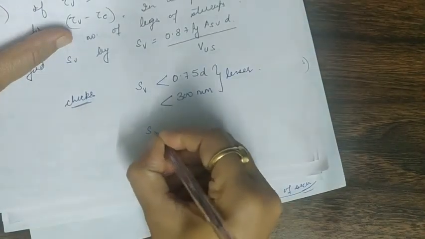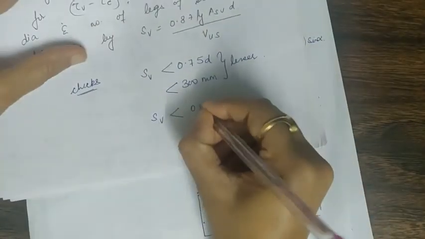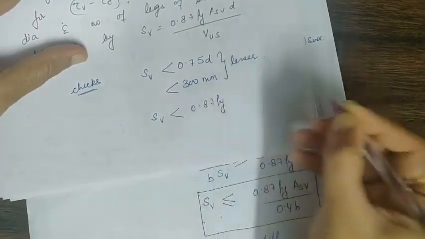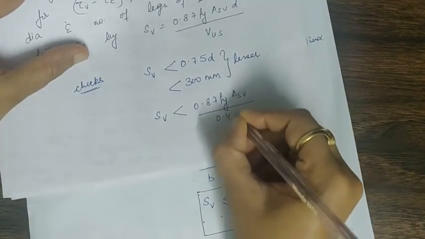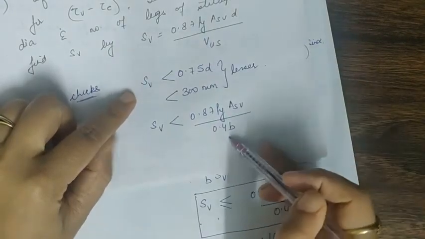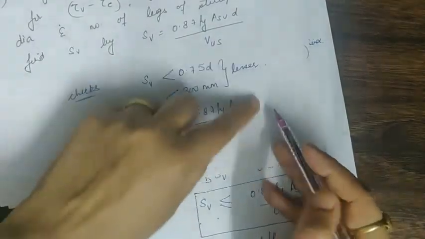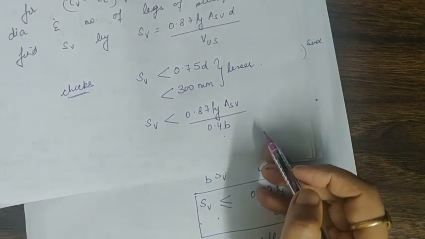Along with that, SV should be less than the minimum shear reinforcement spacing that was given by 0.87 Fy ASV upon 0.4 B. So we will check the spacing. It has to be less than these three values. If not, we will provide the minimum of these three values as the shear reinforcement.